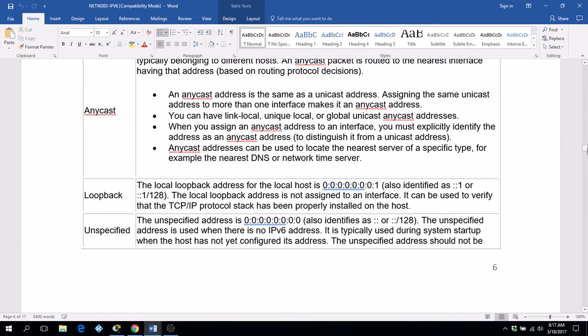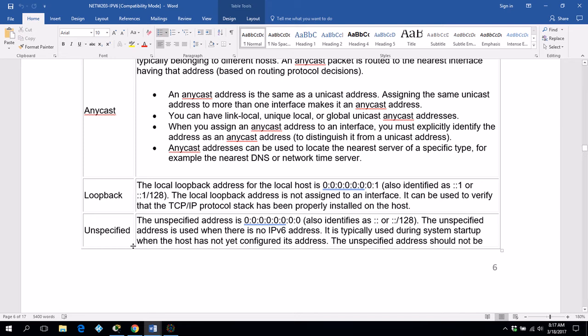A loopback address is similar to 127.0.0.1, used to test the local TCP/IP stack for connectivity. If you type ping ::1, you're pinging the IPv6 TCP/IP stack.